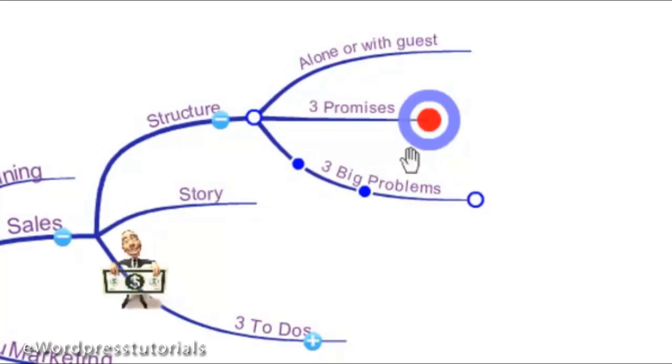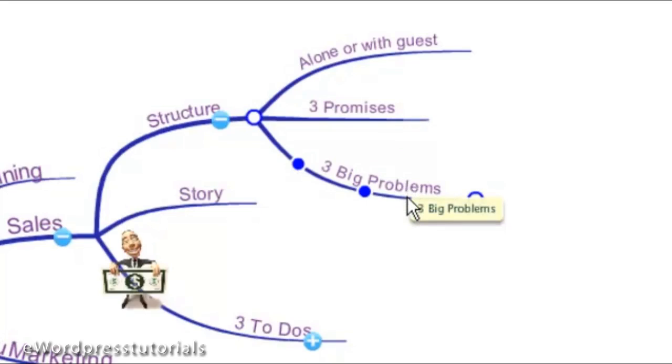So make three promises that will take care of three big problems that your folks have. You don't want to do too much because you don't want to overwhelm them. So three promises that take care of three problems, and do as much of that with storytelling as you can.